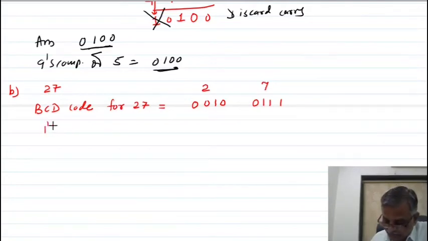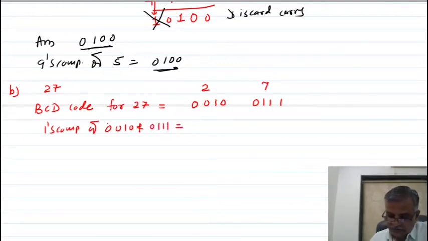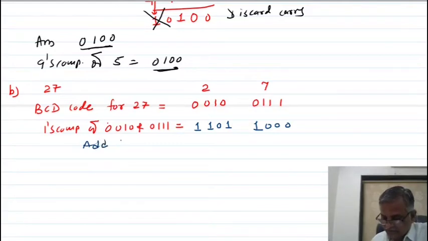The first complement of 0010 and 0111 is 1101 and 1000. Add 1010. So I am adding 1010 and 1010.